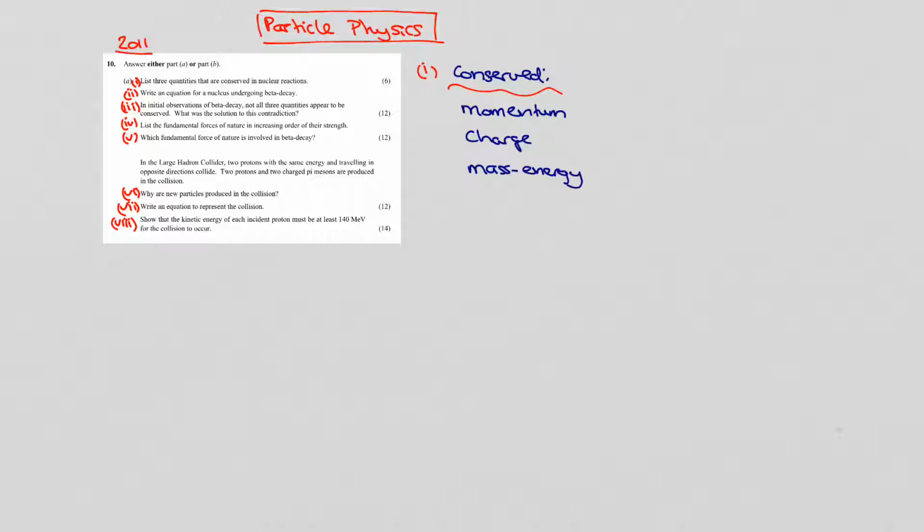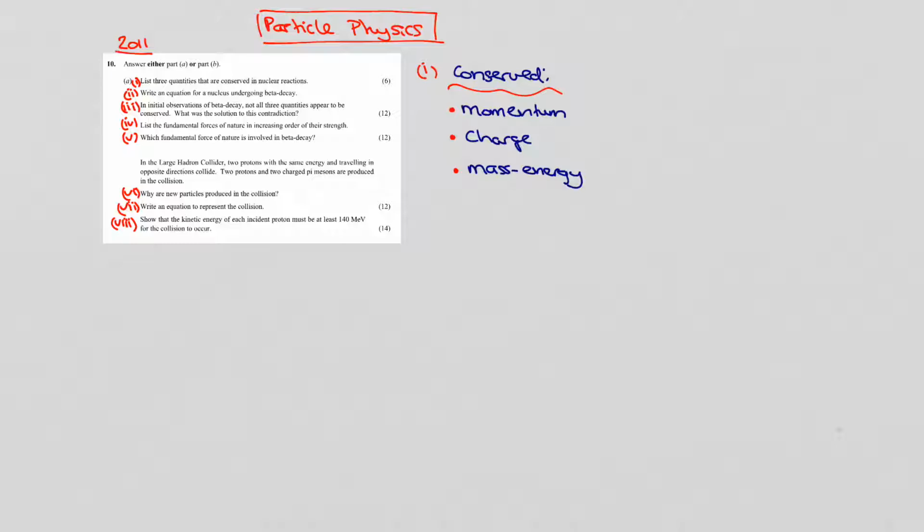They're the 3 main ones that you'll always learn. But of course angular momentum must be conserved, and the number of nucleons must be conserved, in terms of protons and neutrons. So there's quite a few, but these are the 3 main ones we deal with at Leaving Cert level.